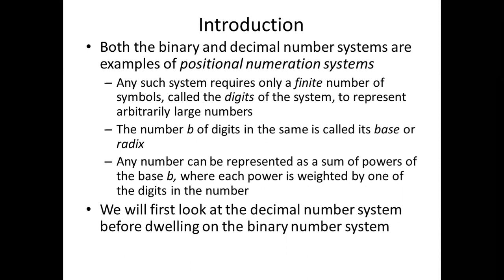Any such system, in other words, any positional numeration system, requires only a finite number of symbols, which are called digits of that number system, to represent arbitrarily large numbers. The number of digits, which we are going to represent by B in that system, is called its base or radix.